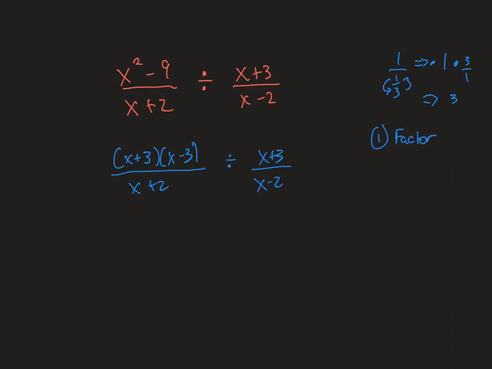Okay? So, now before you can find your restrictions, you're going to have to flip. So your second step is to multiply by the reciprocal.